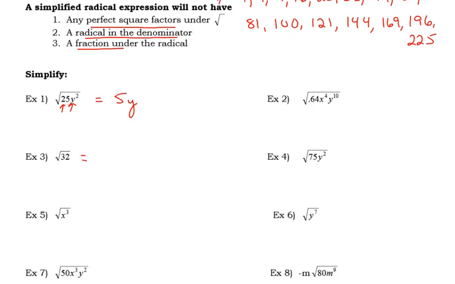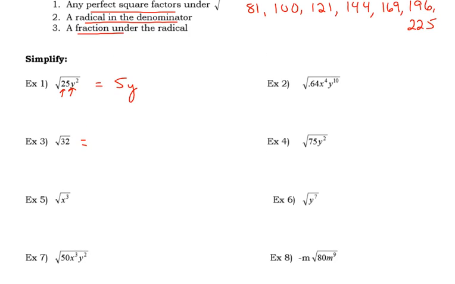The biggest perfect square that goes into 32 is 16. So 32 is really the same thing as 16 times 2. I'm going to break it into 2 different radicals and put 16 in one and 2 in the other. You can put a dot in between them for multiplication, but we usually don't do that.